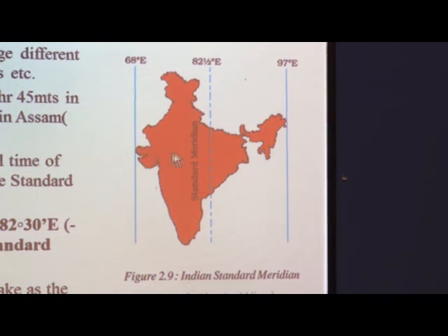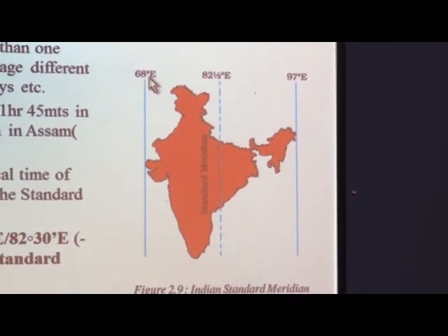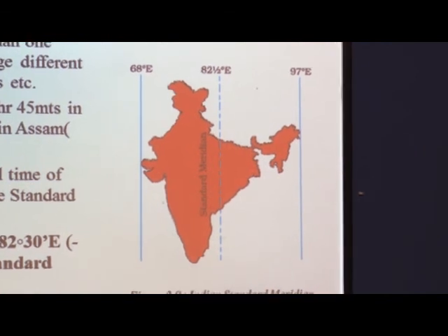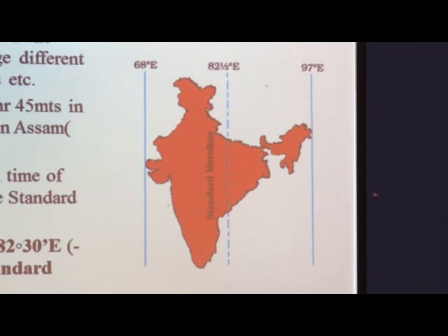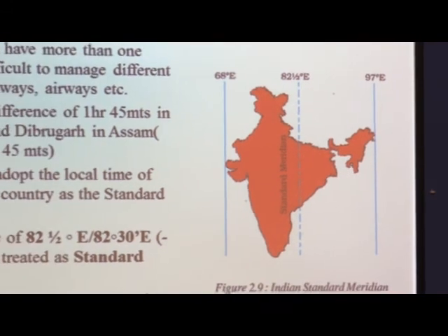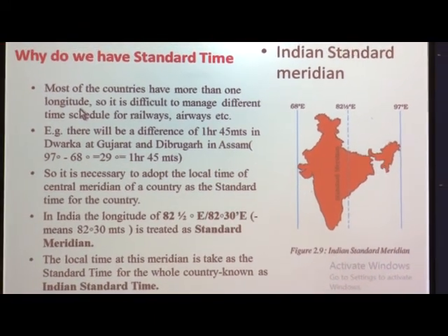This is 1, this is 2 and this is 3 longitude. Actually our India starts from here, that is 68 degrees east, and it ends at 97 degrees east.